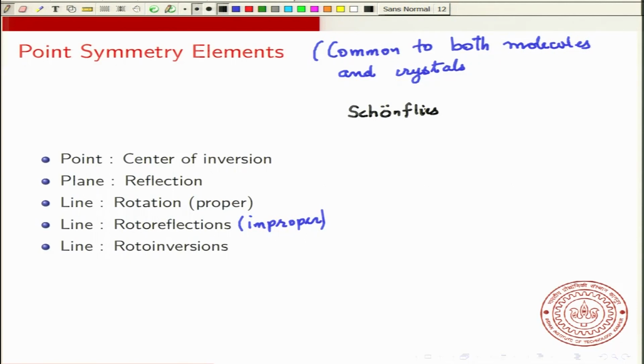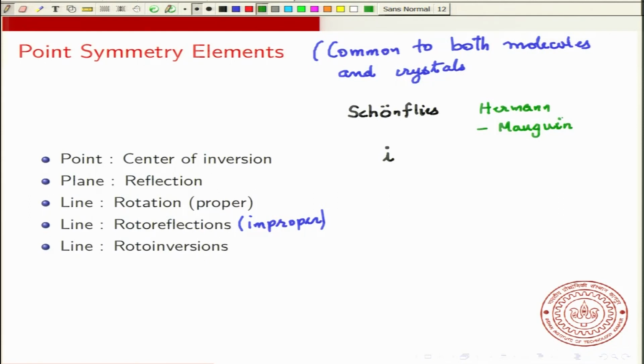In the Schoenflies notation, the center of inversion is denoted by the letter I. So, if a molecule has an inversion symmetry, you refer to this operation of inversion about the center by I. The other notation, which is more commonly used in crystallography, is the Hermann-Mauguin notation.